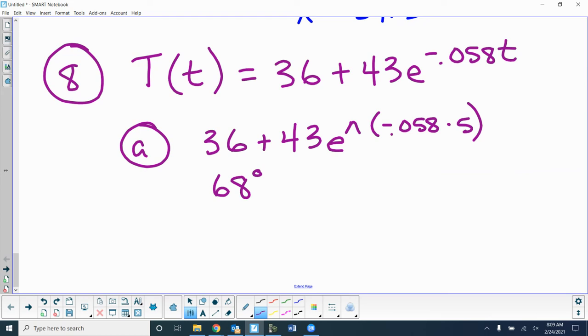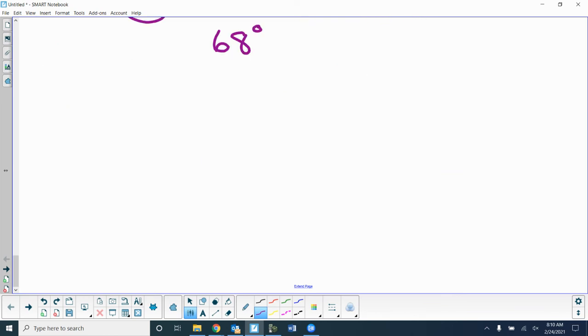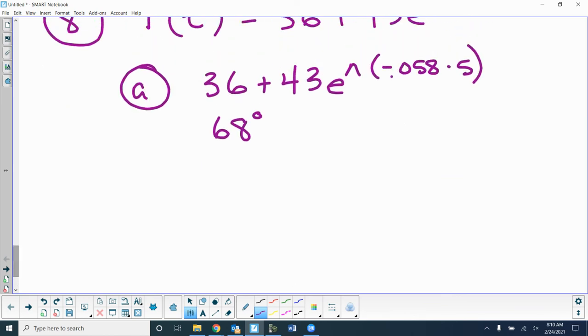Now, part B says, when to the nearest minute will the temperature be 38? Well, it'll be nice and cold. Now, we did this one way, without solving, last time. You could have put it in your y equals and look at your table. You can still do it that way if you want. But now that we know how to solve logarithms, that's how I'm going to do it.